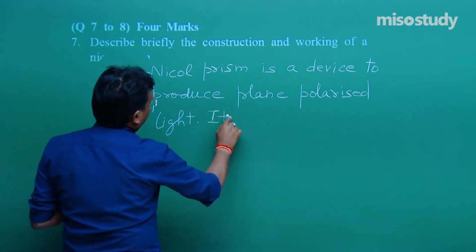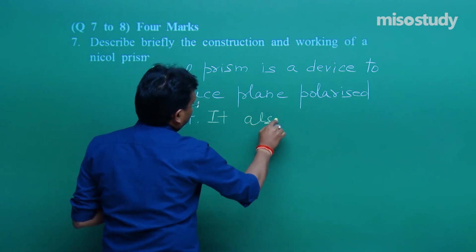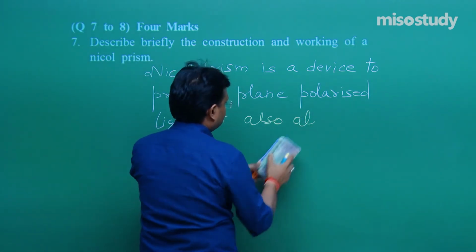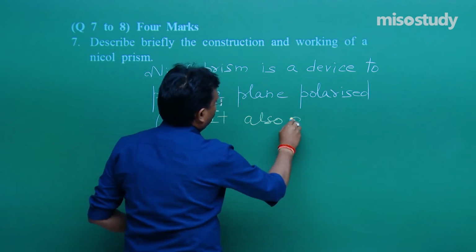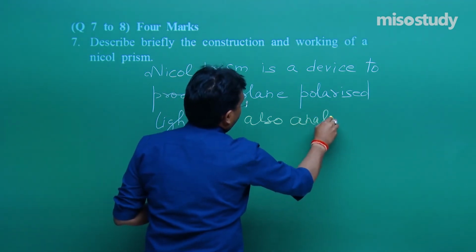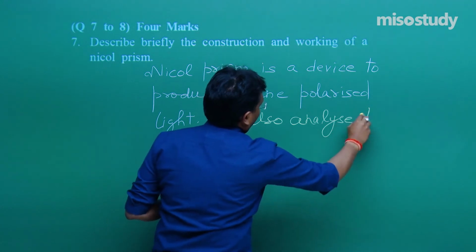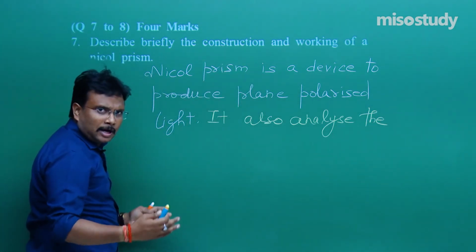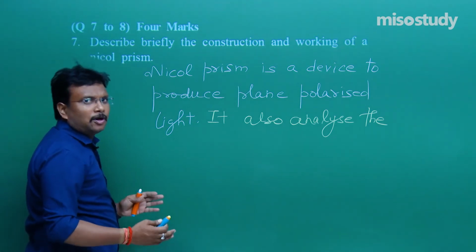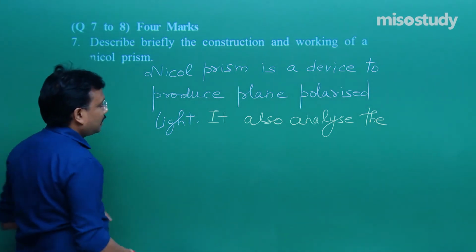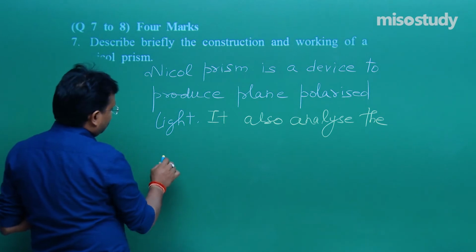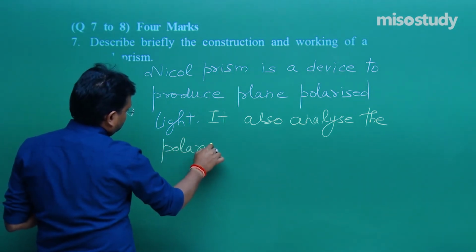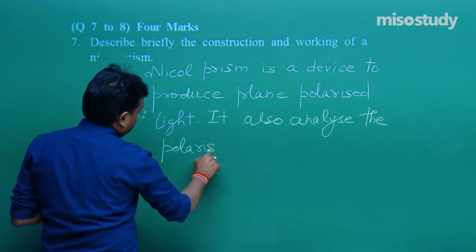It also analyzes the nature of light. Nature means plane polarized, circularly polarized, elliptically polarized, polarized or unpolarized, like that. It also analyzes the polarization.